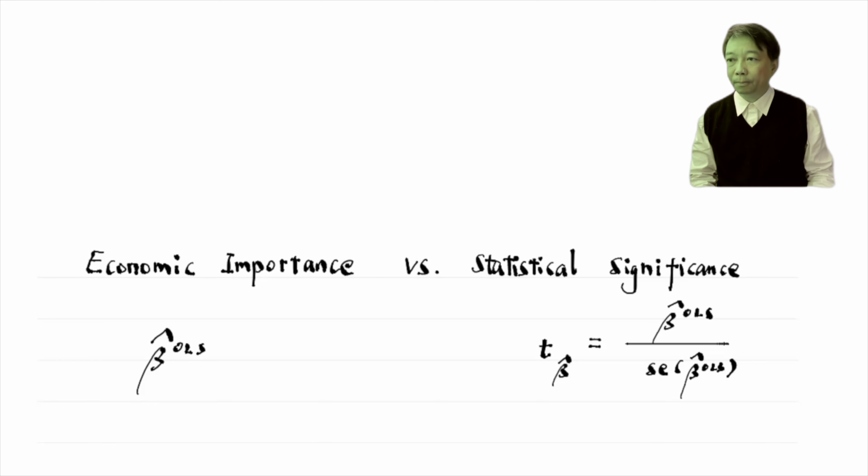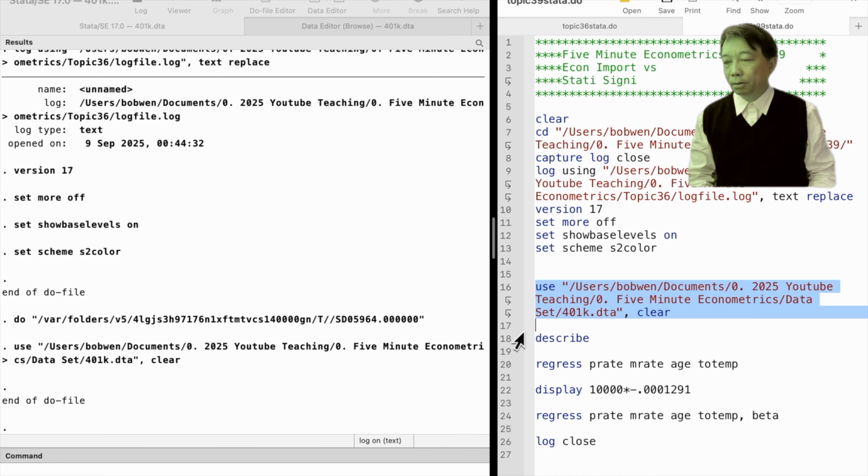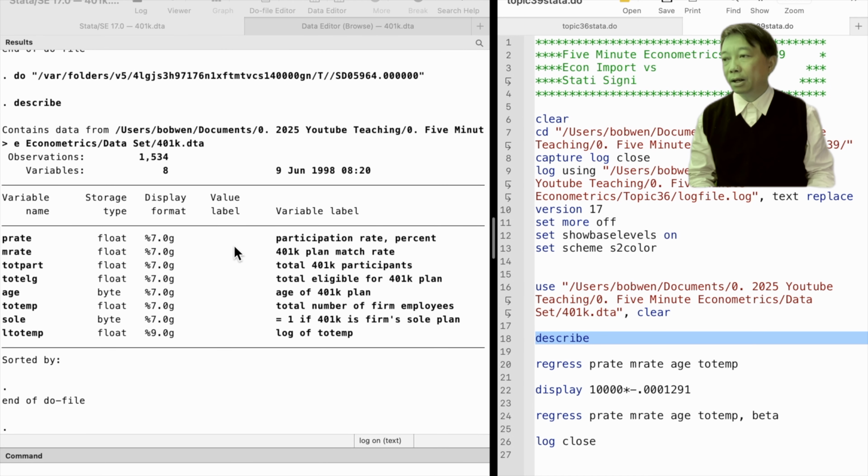Here's an example. The outcome variable P rate is the percentage of eligible employees who participate in the firm's 401(k) plan. The explanatory variable M rate is the plan match rate, a measure of the plan's generosity.